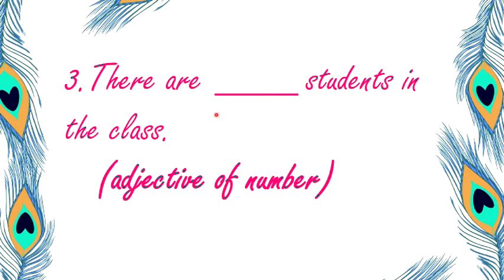So again there can be many options. I'm sure you must have found your word. Just to give you certain hints, it can be: there are many students in the class, there are a few students in the class, right? So you can pick up any word, okay? Let us move next.